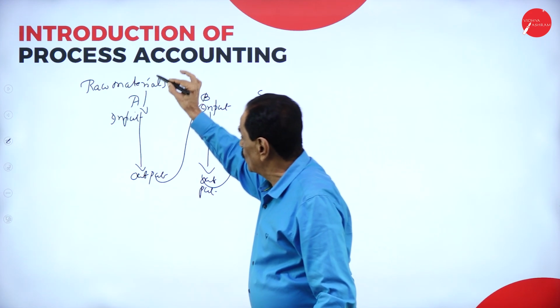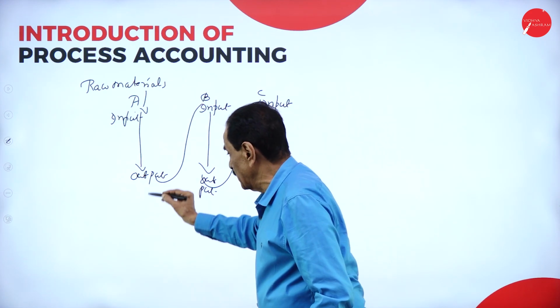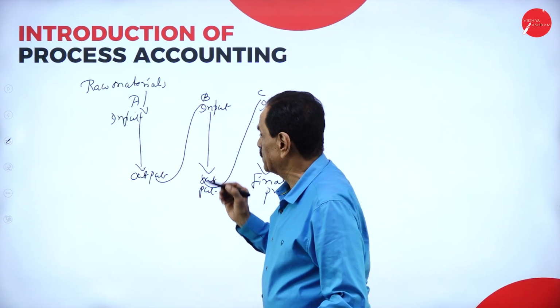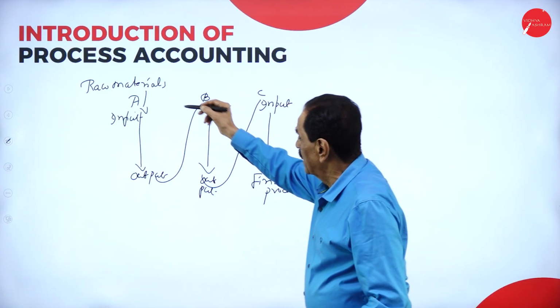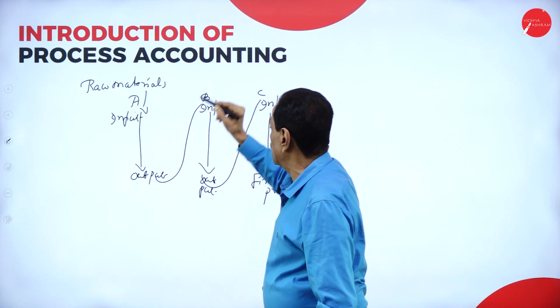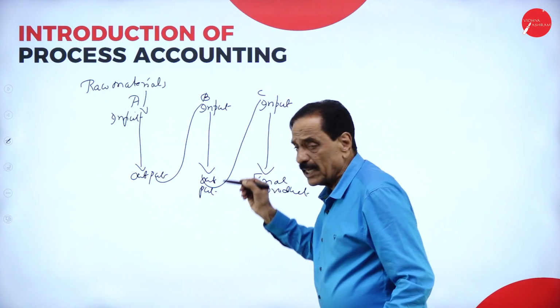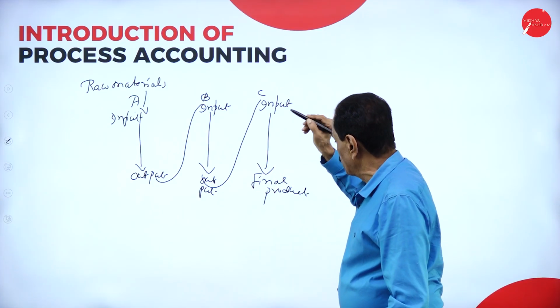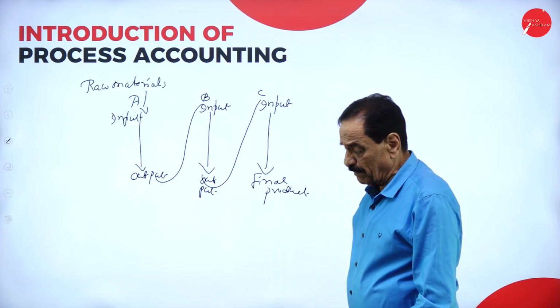All the expenditure you have to put here. Then total expenses, then input, there is normal loss, abnormal loss, I will explain. If you put the input here, we'll get the output here. The output becomes the input here. Then once again it becomes the output here. The output of process B becomes the input for process C, where you get the final product.